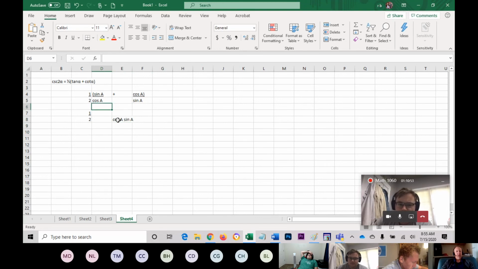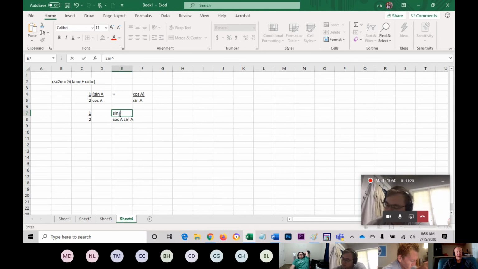Okay. So you'd multiply this side by what? You've already got a cosine of alpha. You'd multiply this side by sine of alpha. Okay. So sine of alpha over the sine of alpha. So sine of alpha times the sine of alpha is what? Sine squared alpha.